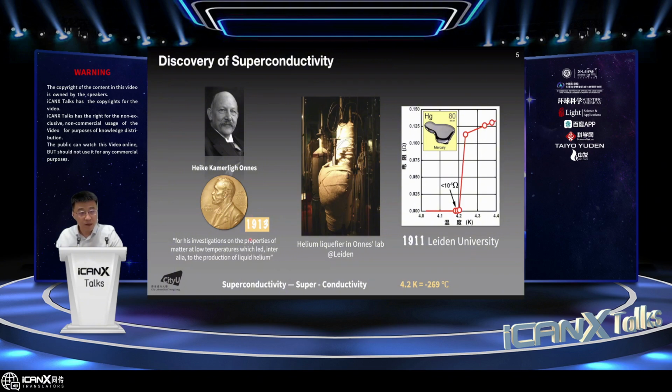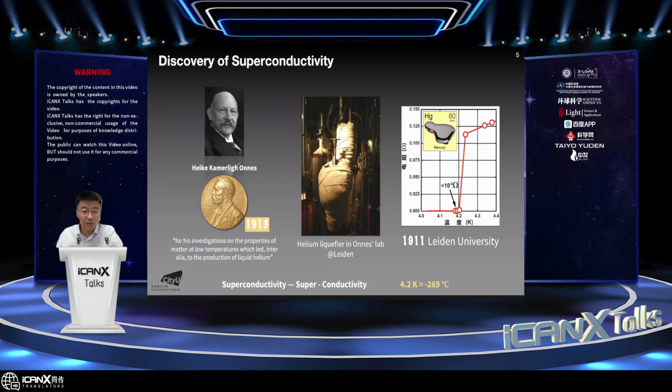Okay, so when he wrote in his notebook, he gave a name to this phenomenon, superconductivity, of course not in English. And this was the beginning of the study of superconductivity and superconducting materials. Of course, the first material he discovered as a superconductor is an extremely low temperature superconductor, which is mercury.